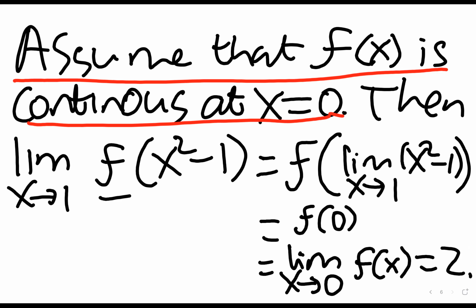Now, part F. Here we want to check whether the line x equals 1 is a vertical asymptote of the graph of the function f of x equals x minus 1 over x squared minus 1 or not.